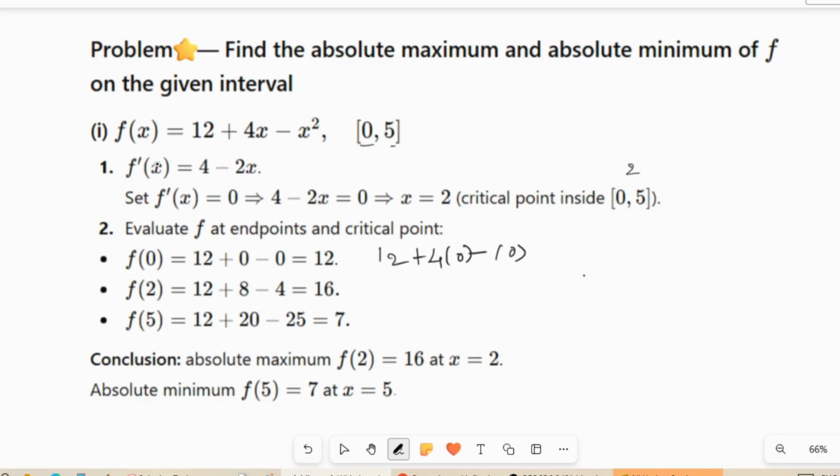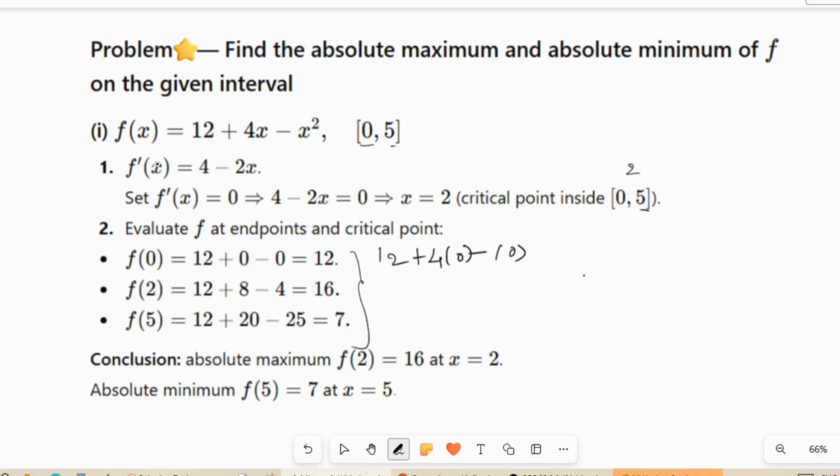Next, f of 2 equals 12 plus 4 into 2, that is 8, minus 2 square, that is 4, which equals 16. Next, f of 5 equals 12 plus 4 into 5, 20, minus 5 square, 25, which equals 7.